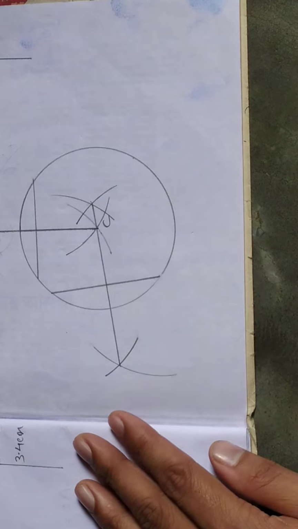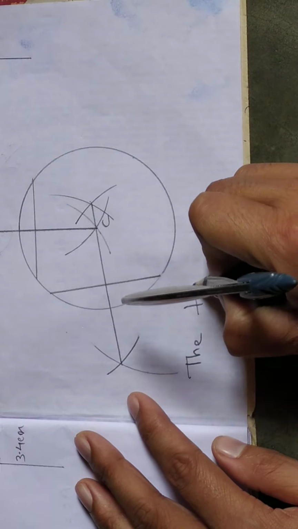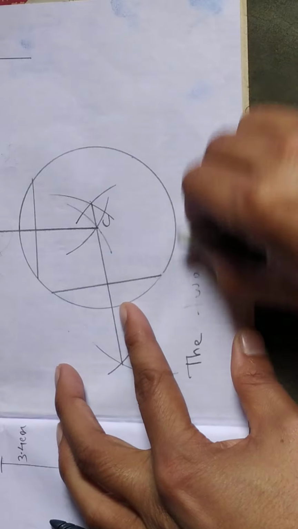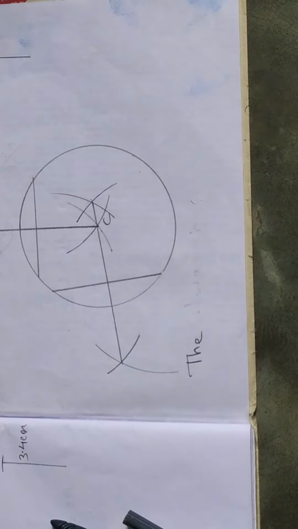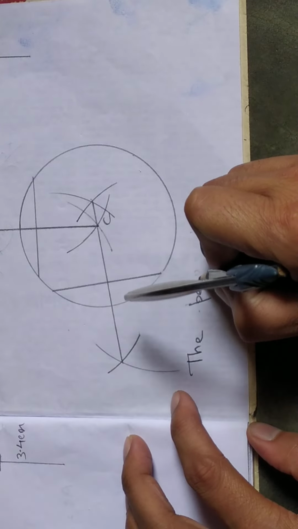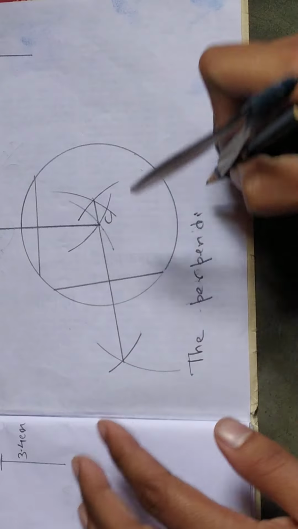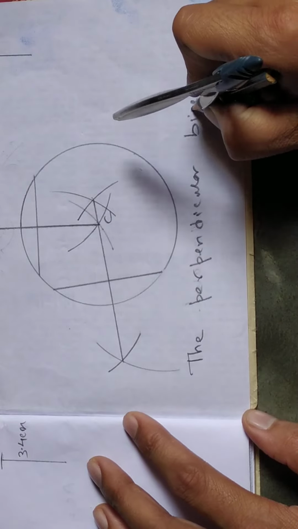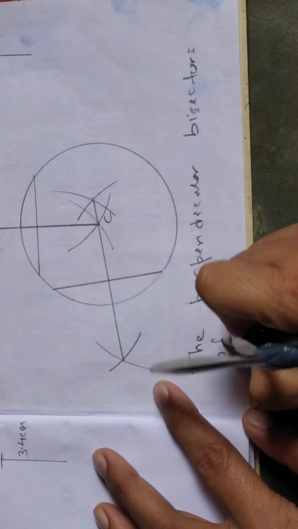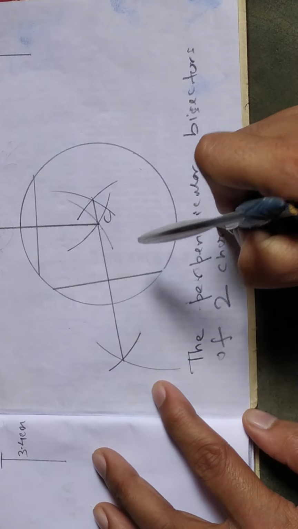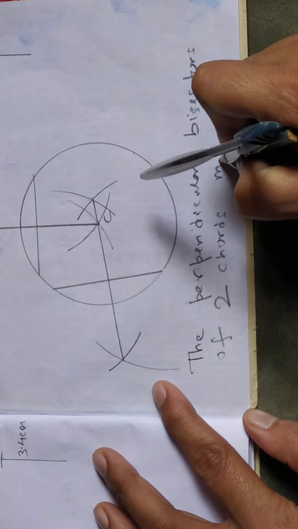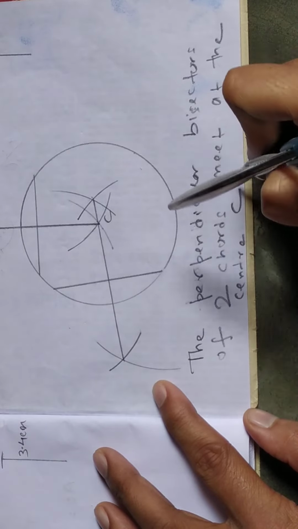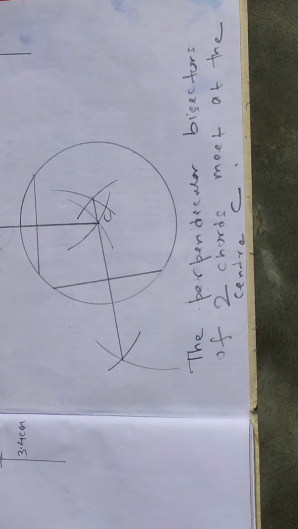So you have to write down the perpendicular bisectors of two chords meet at the center C, because I have taken the center as C. Okay.